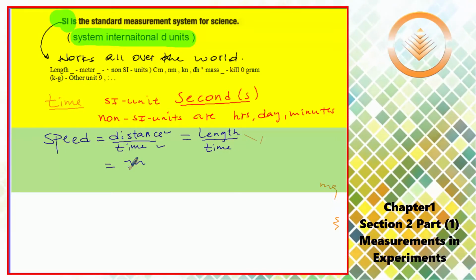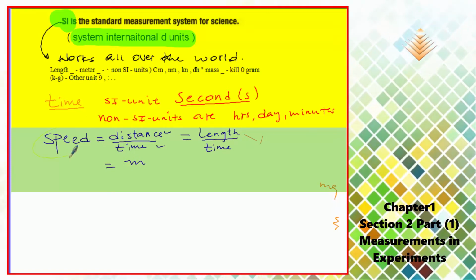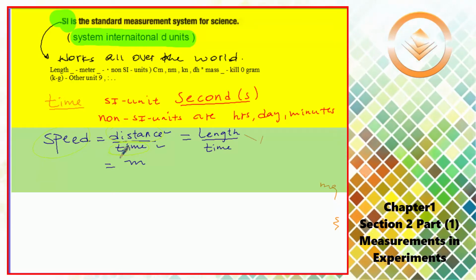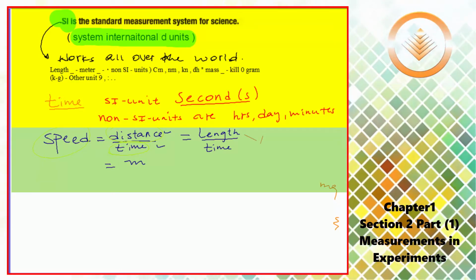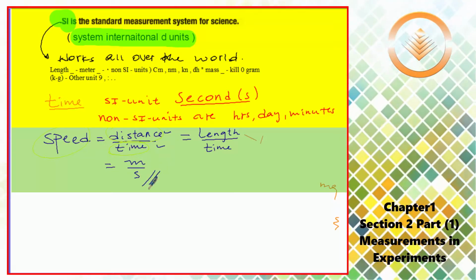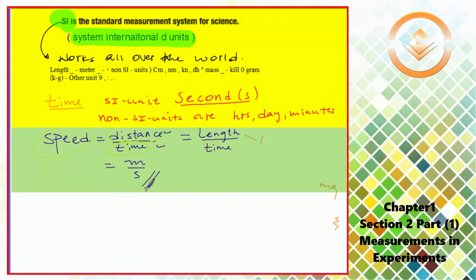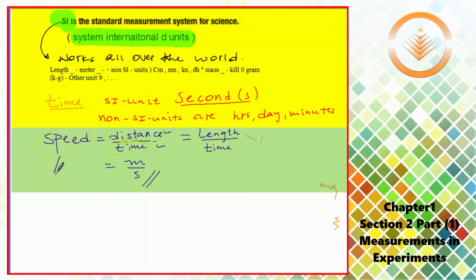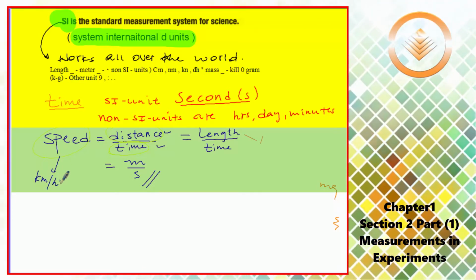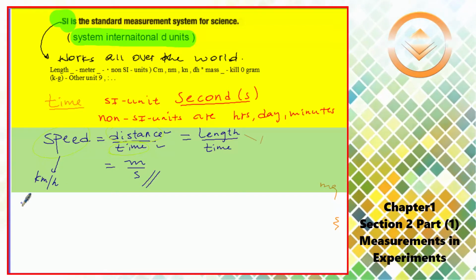The unit of distance is meter and that of time is second. So meter per second is the SI unit of speed. But we have other units. Speed can also be measured in kilometer per hour, and so on.